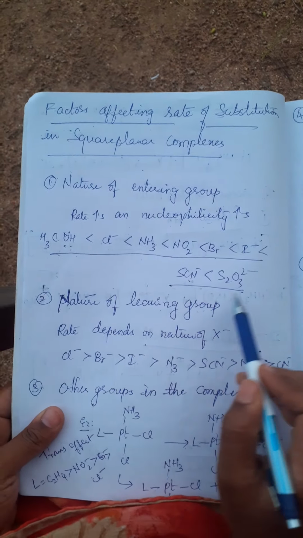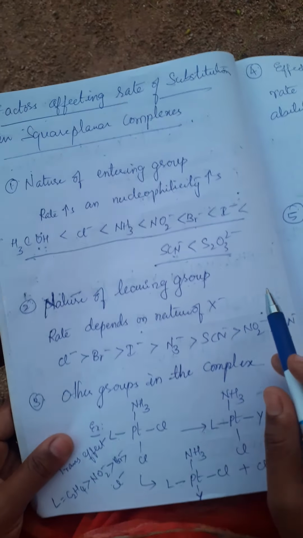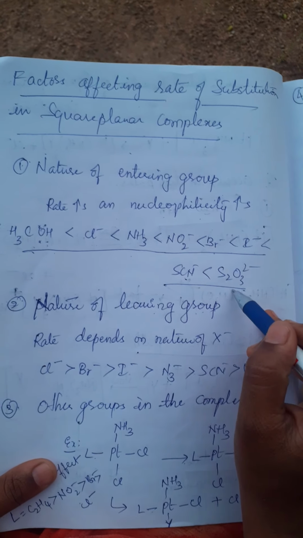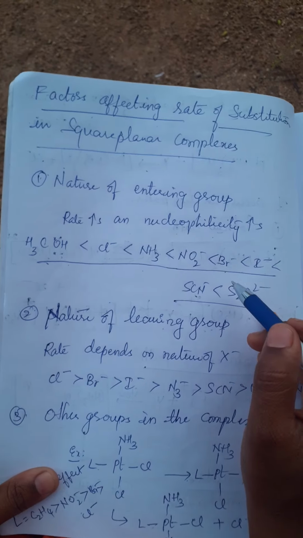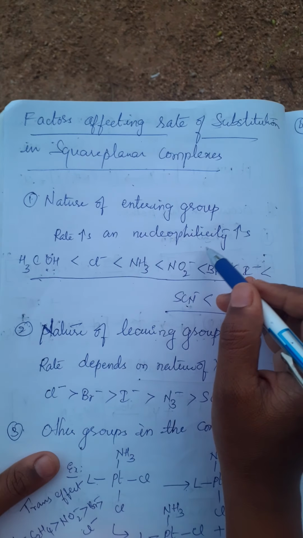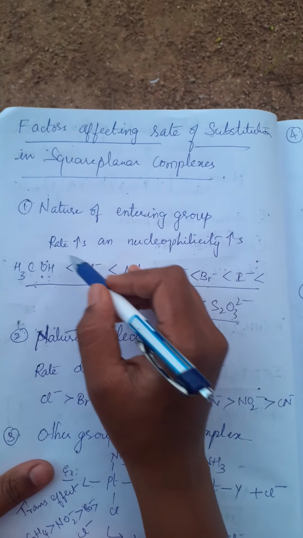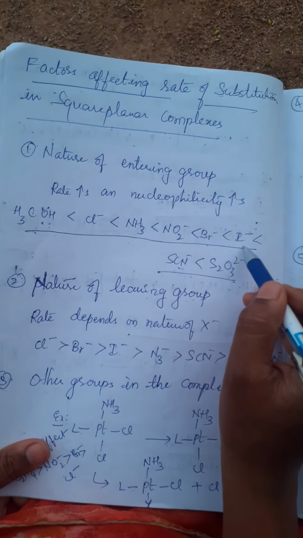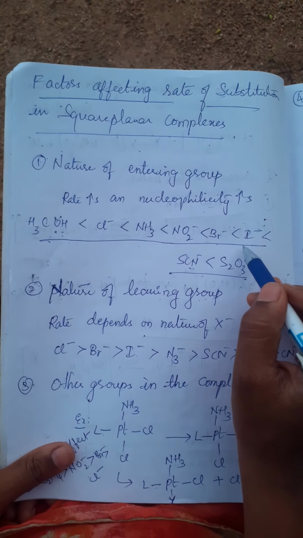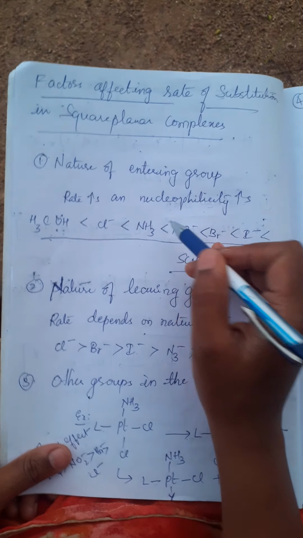Here in this series, the thiosulfate complex has the highest nucleophilicity. If the nucleophilicity increases, the rate of substitution reaction also increases. As the size of the negative ion increases, the nucleophilicity also increases.